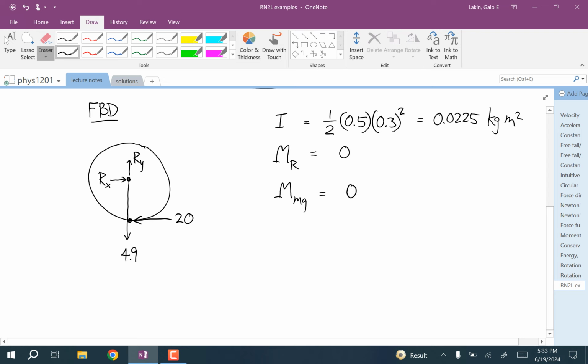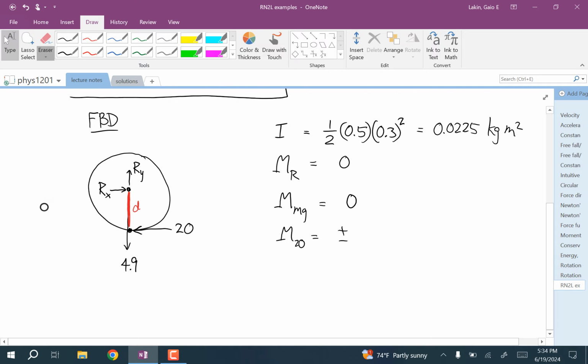And then the last one we have is this 20 Newton force. That force is already perpendicular to the line from the hinge to where the force is applied. And so the distance for this 20 Newton force is this. And that's just the radius of the disk, which is 0.3 meters. So we have a force of 20, a distance of 0.3.